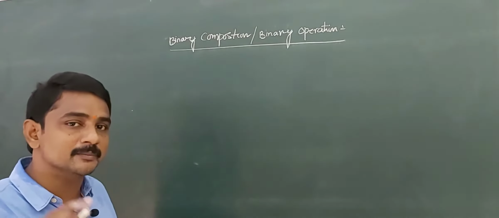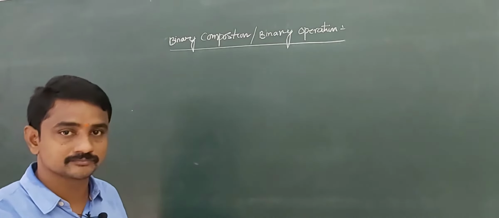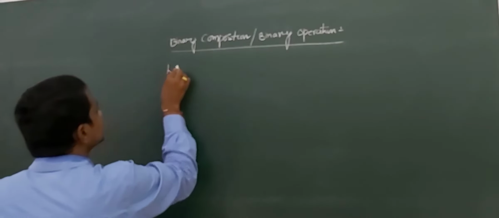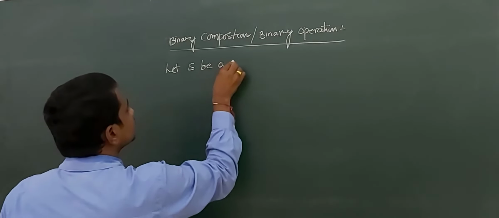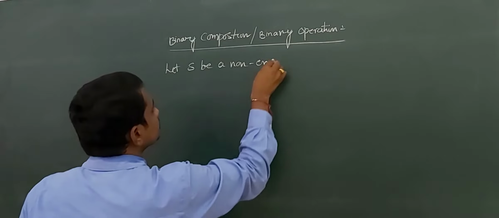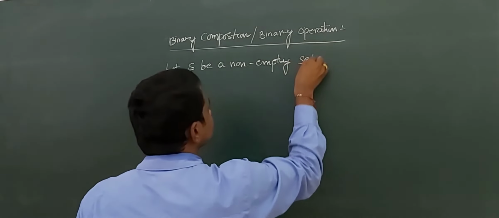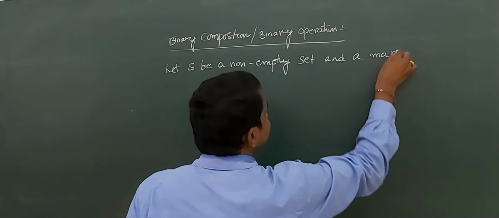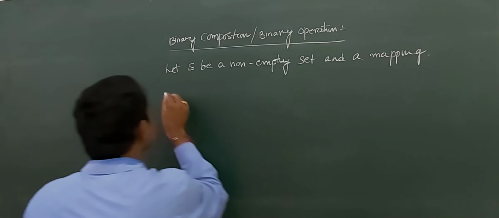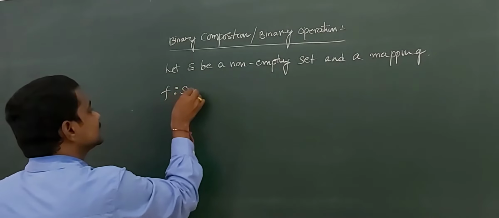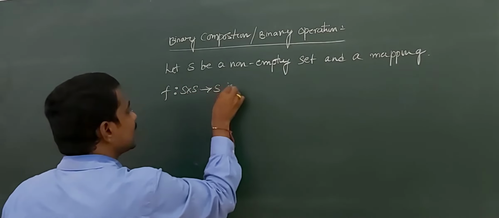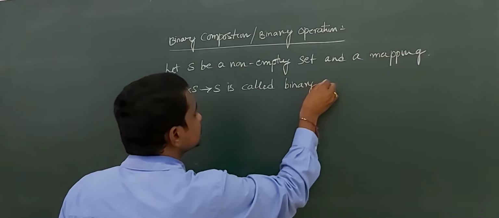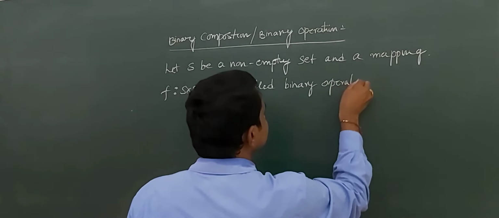A mapping f from S cross S to S is called a binary operation on S. Simple definition.